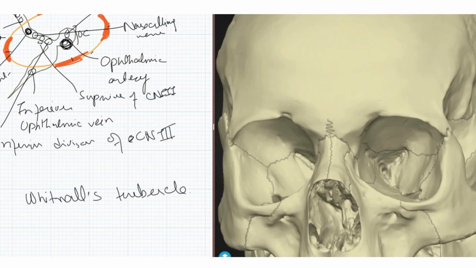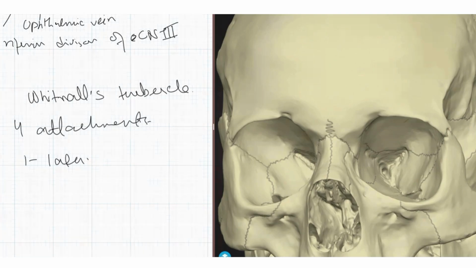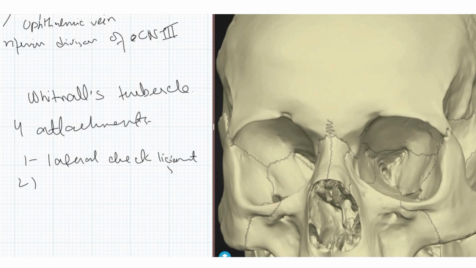From here pass 4 attachments. First is the lateral check ligament. Second one is the suspensory ligament.